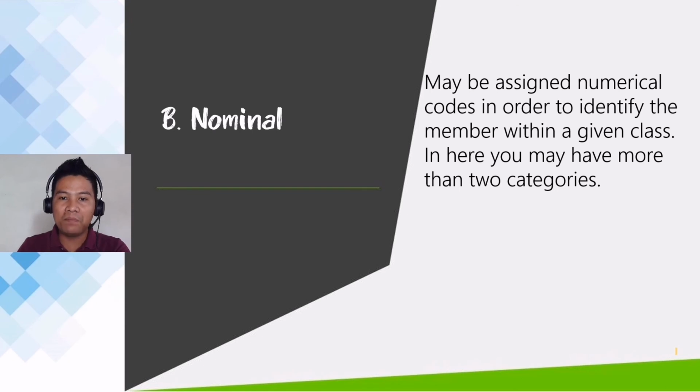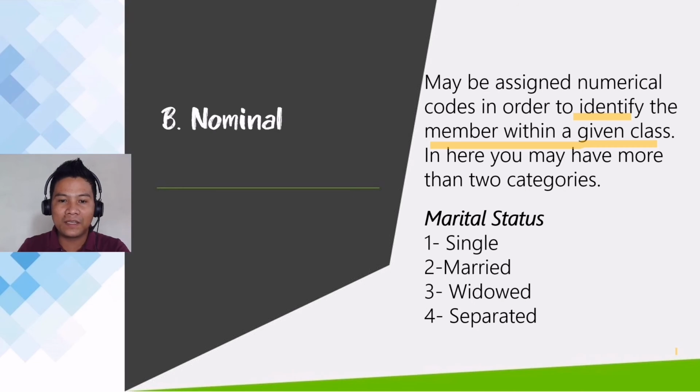Nominal may be assigned numerical codes in order to identify the member within a given class. In here, you may have more than two categories. Example, marital status. We have here four: one for single, two for married, three for widowed, and four for separated.